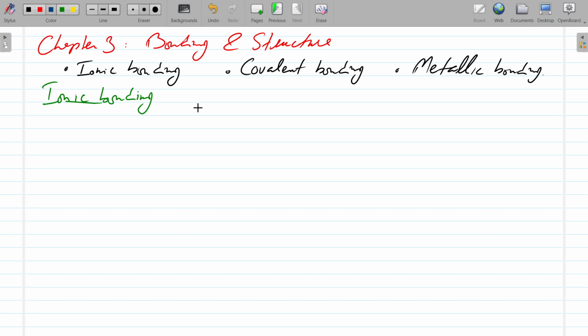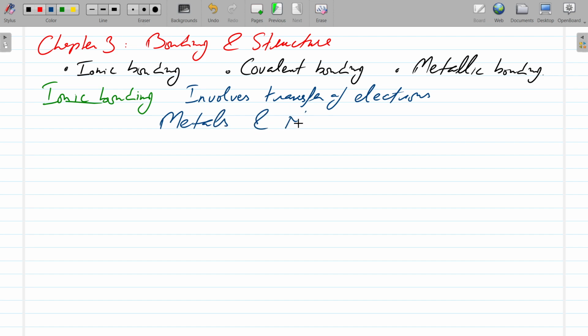So ionic bonding is the kind of bonding that involves the transfer of electrons. And this is something we've already been introduced to, right? And we know that metals lose electrons and non-metals gain electrons. And so in that regard, in general, ionic bonding occurs between metals and non-metals.